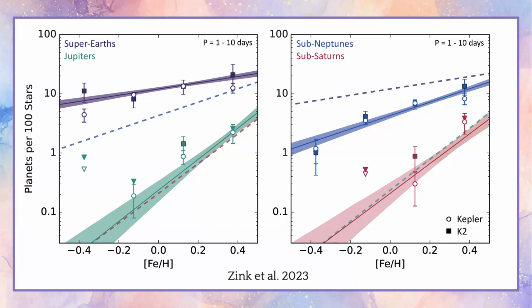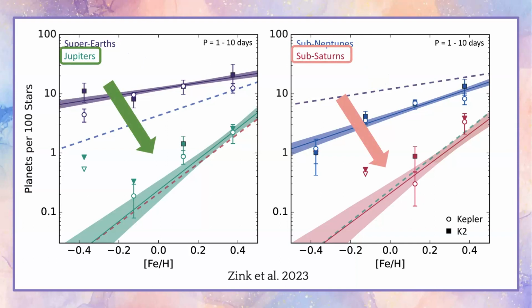What we see here isn't drastically different, but for the super-Earths and sub-Neptunes, we see a little bit of a weaker trend, actually, with metallicity. And for the Jupiters and sub-Saturns, we end up seeing basically the same trend that we see with Kepler.